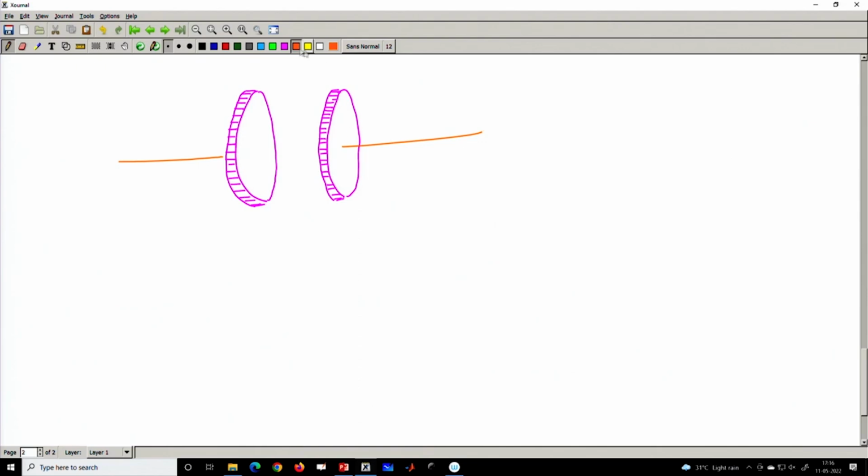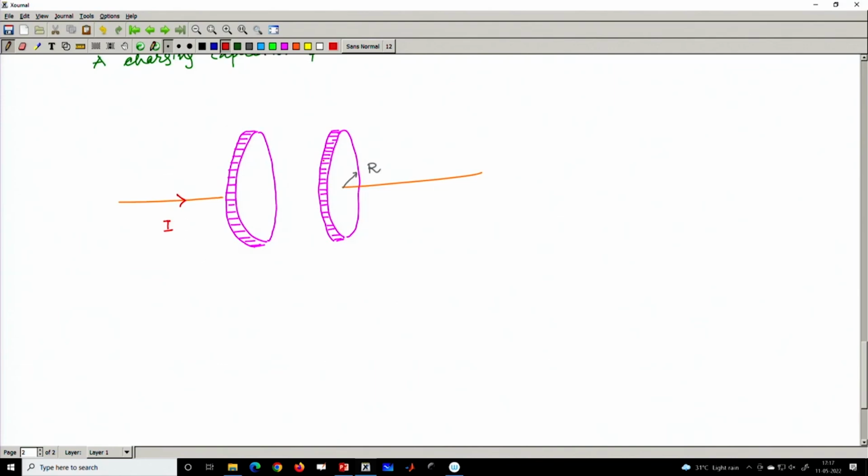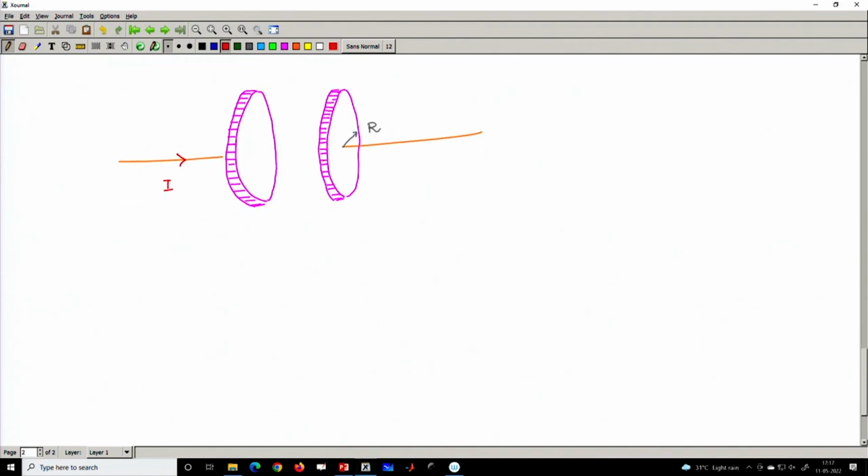So, let us define a few things. Let us define this radius to be r, and let us say the current flowing through this capacitor is I. This is the amount of current that is flowing, so this capacitor is going to be charged up. Now, suppose I want to find the magnetic field B at this point.